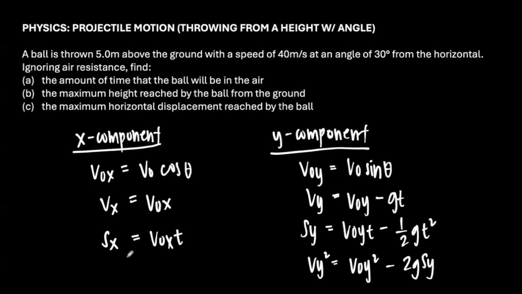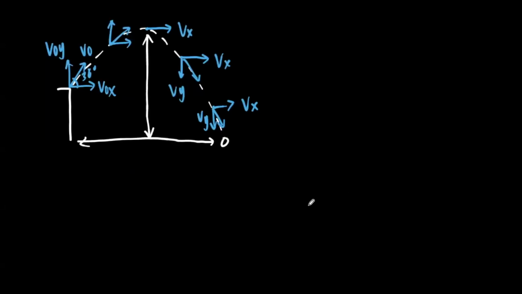In order for us to find the time, let's use this formula. The displacement in the y component is actually just the negative height. This is because even though this ball reaches a point that is higher than 5 meters, it will eventually fall back to this point.